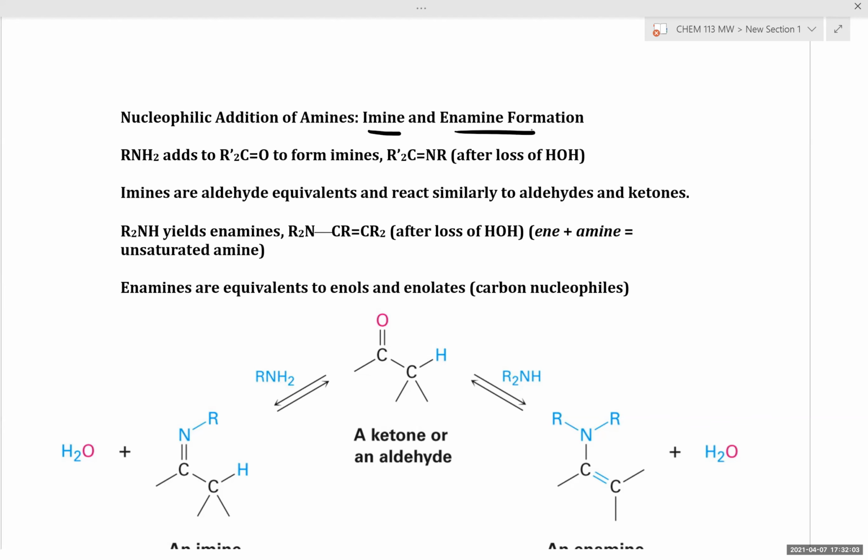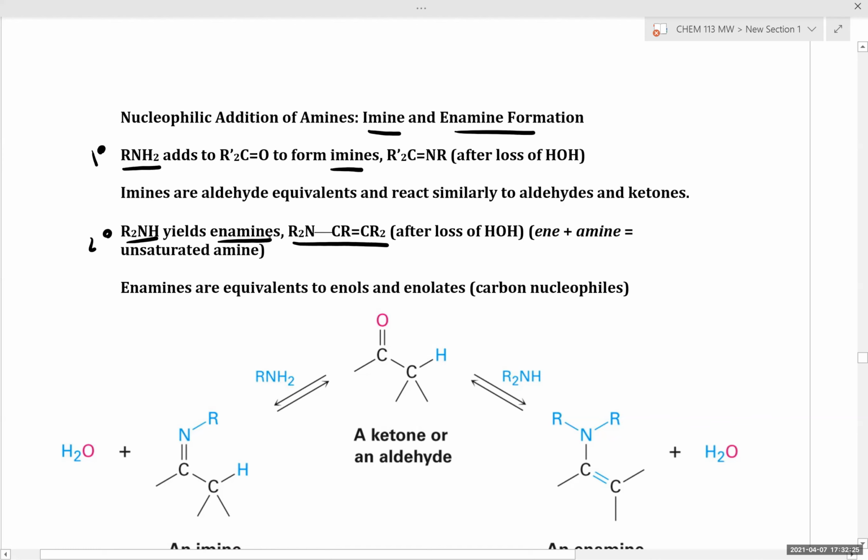For example, primary amines add to carbonyls to form imines, while secondary amines add to carbonyls to form enamines.